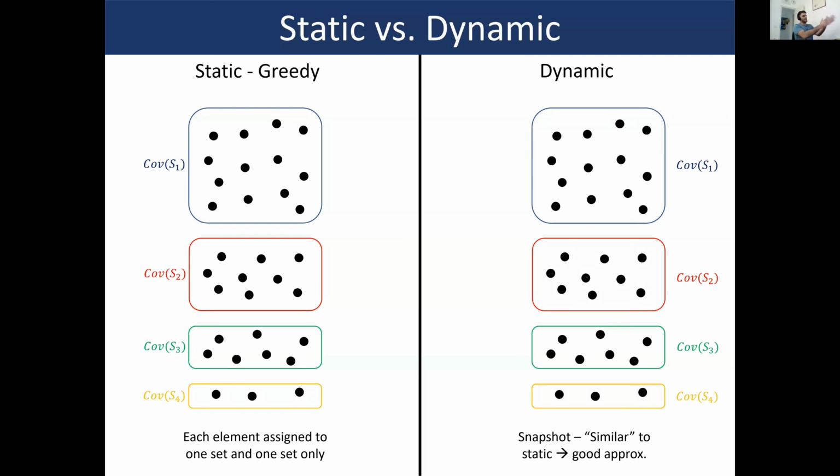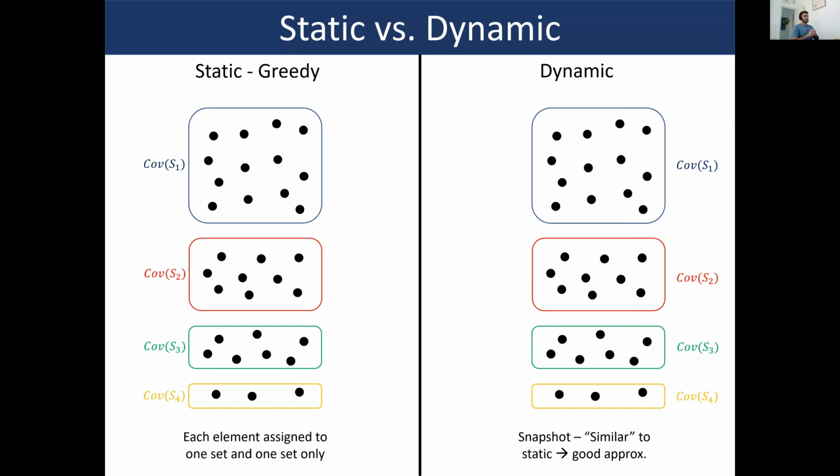I would want the dynamic to be exactly the same in each update step. That would obviously guarantee me an approximation factor of ln. But obviously that would be hard to guarantee, right? That in each and every update step it would be the exact same. So instead of demanding it to be exact, I'll ask for it to be similar.